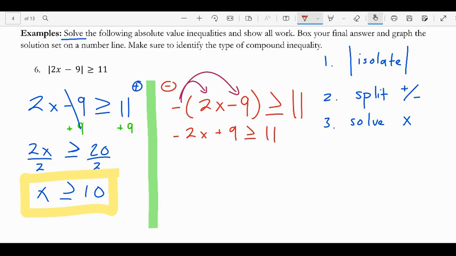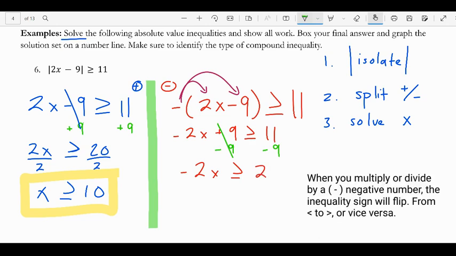Okay. And then solve for x, so get this 9 on the other side of the equation. So I'm going to subtract 9 from both sides. So I'm left with negative 2x is greater than or equal to, let's see, 11 minus 9 is going to be 2.